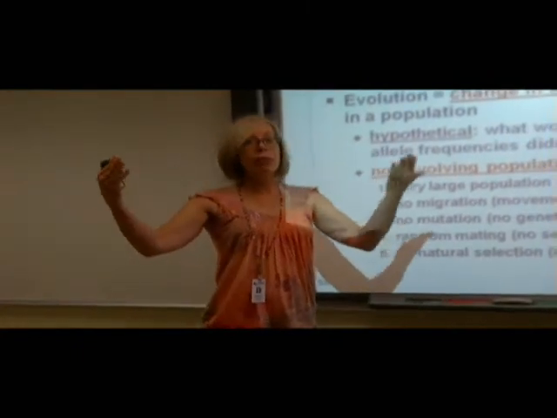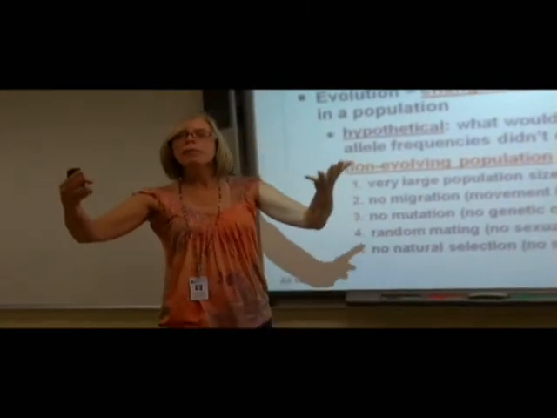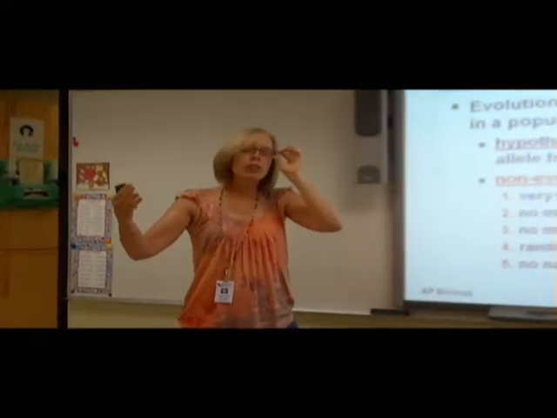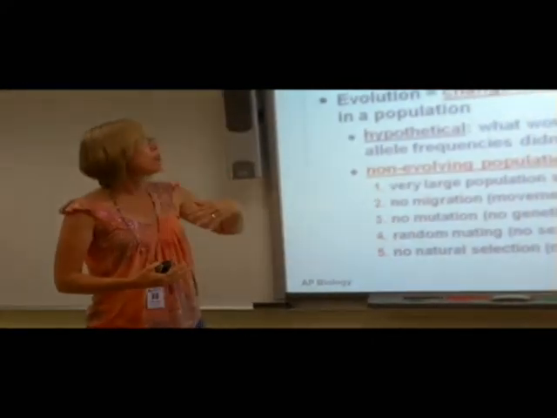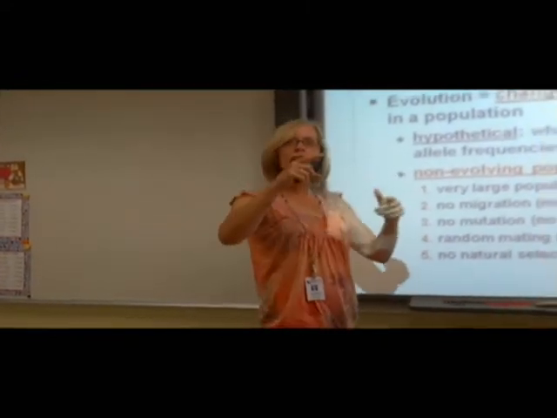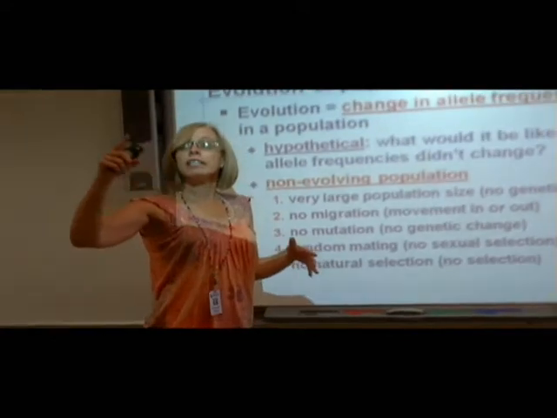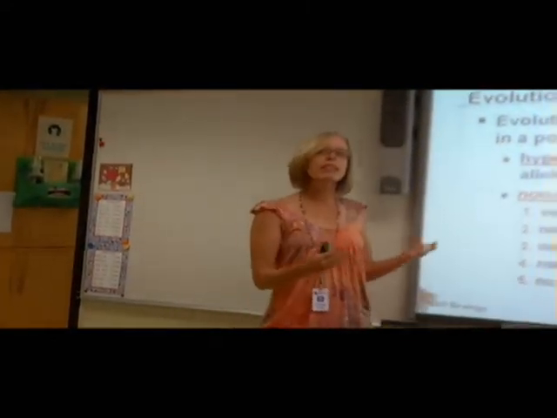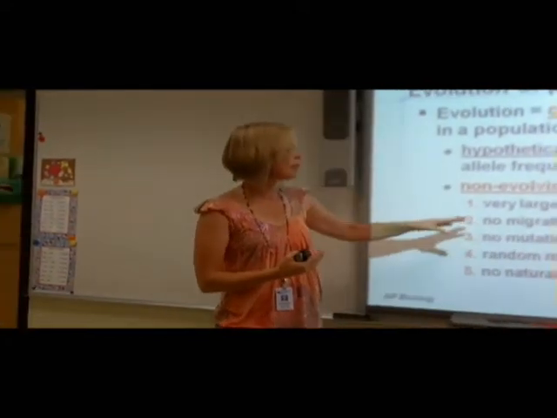In math, and especially in statistics, the bigger the sample size, the more accurate our measurements and our results. So, very large population size, no genetic drift. Remind ourselves, genetic drift is most disastrous, so to speak, or has the biggest effect on a very small population.